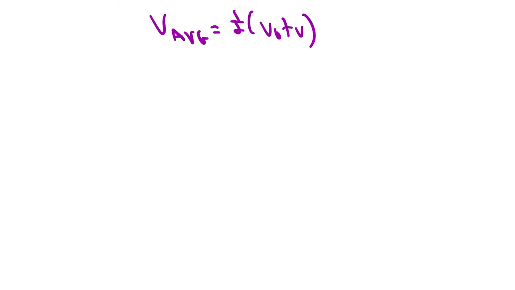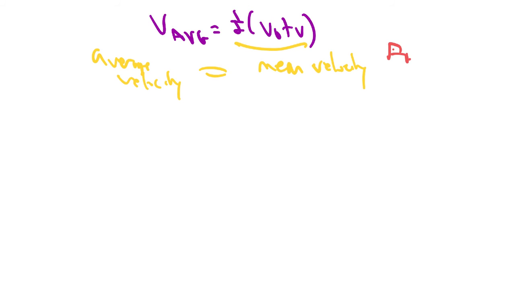V average is 1/2 (V0 plus v), but whenever we take 1/2 of two things, this is the mean velocity. So we have that the average velocity equals the mean velocity.